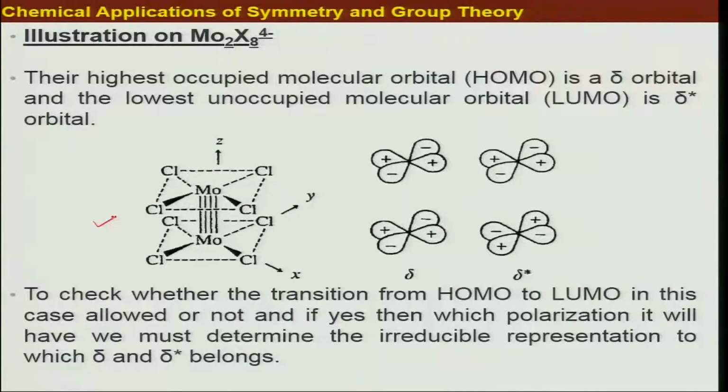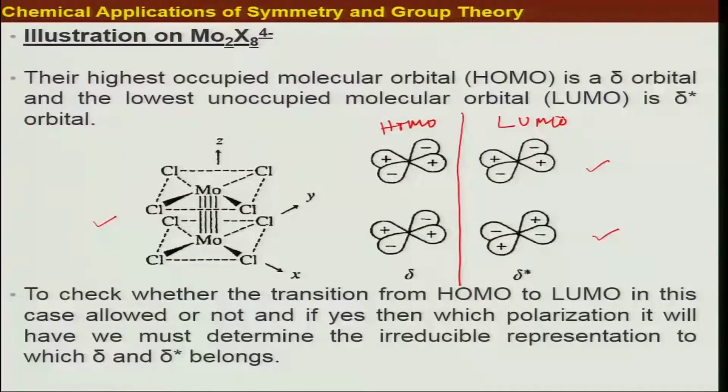You don't have to worry about what delta star and delta are, because we are giving the detailed picture of the orbitals for this HOMO and LUMO explicitly here. This is the HOMO part, and this is the LUMO part.